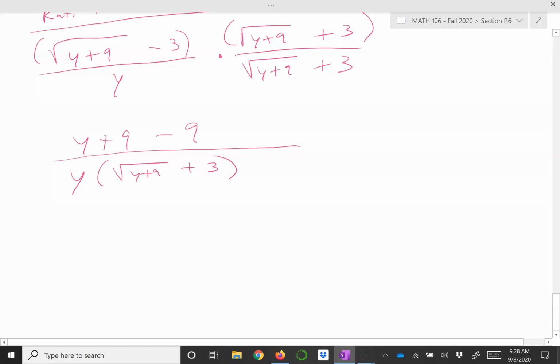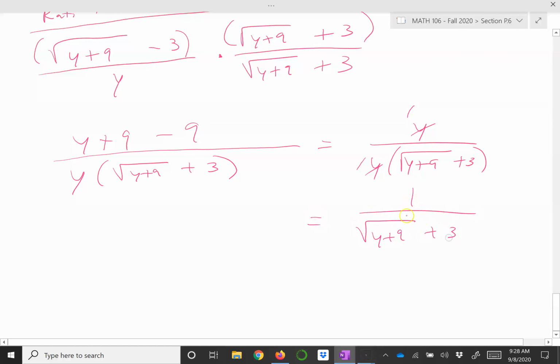So what happens to those 9s? Right, the 9s go to 0. So you have y over y times the square root of y plus 9 plus 3. And what happens to those y's then? Right, you can cancel them out, so there's 1. So my final answer is 1 over the square root of y plus 9 plus 3.